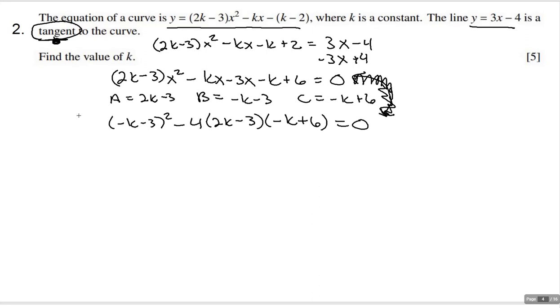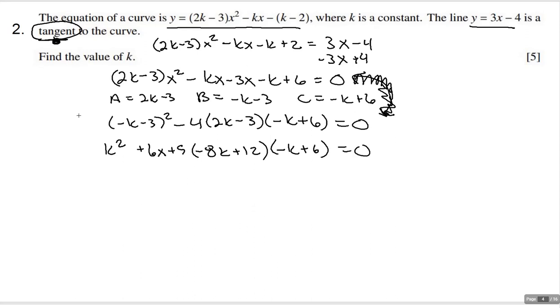If I square this, I'm going to get k squared plus 6k plus 9. And then when I distribute this, I'm going to get negative 8k plus 12.